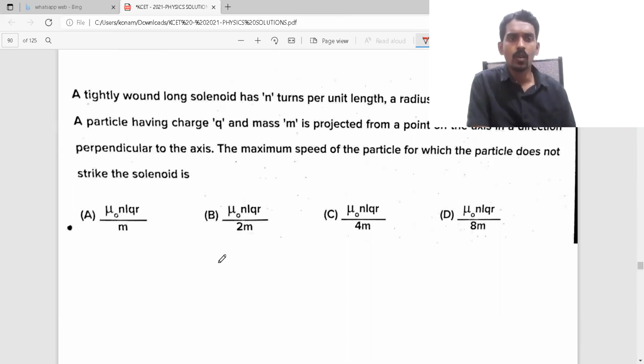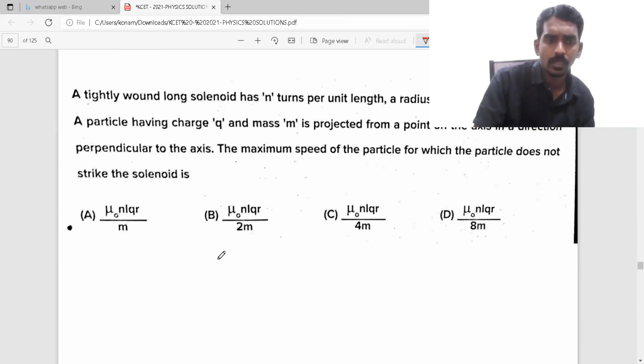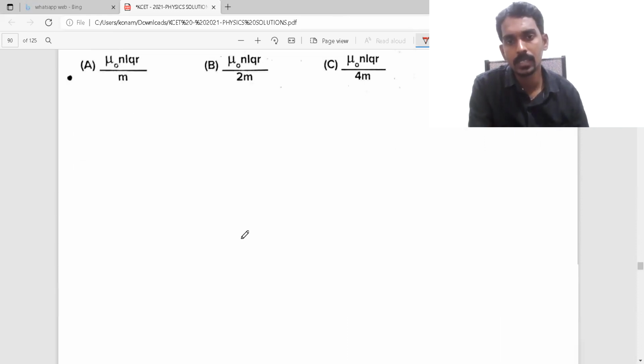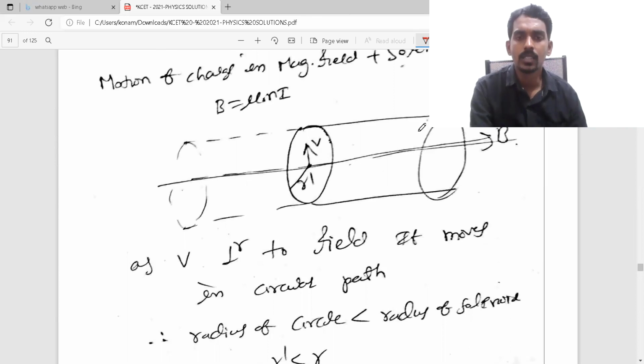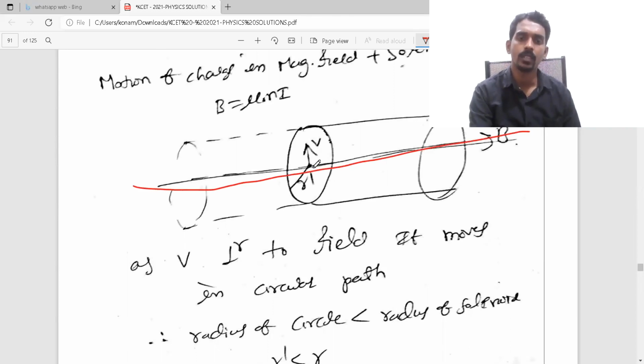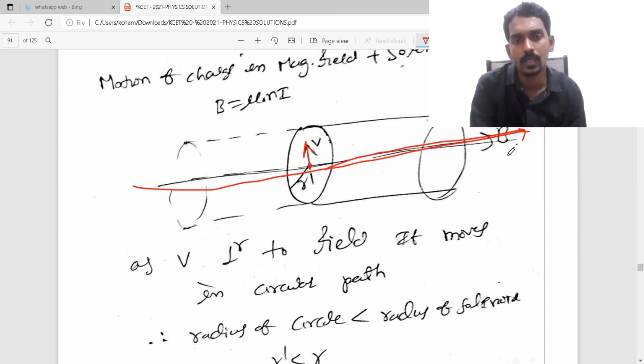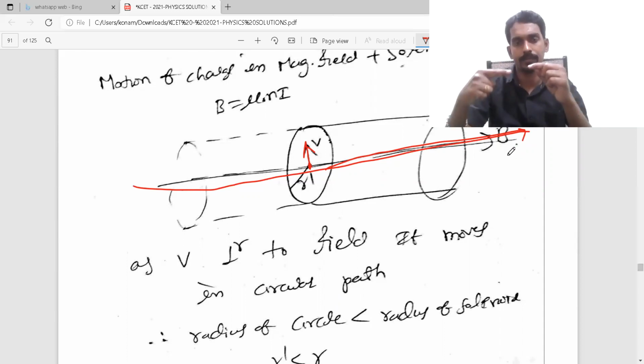A tightly wound long solenoid has n turns per unit length. See, this is like a little bit of imagination. There is a solenoid, and this is the axis of the solenoid. Now, one charge is projected perpendicular to it, meaning perpendicular to the direction of the field due to the solenoid, because the field due to the solenoid is along its axis. So it should rotate in a circle.